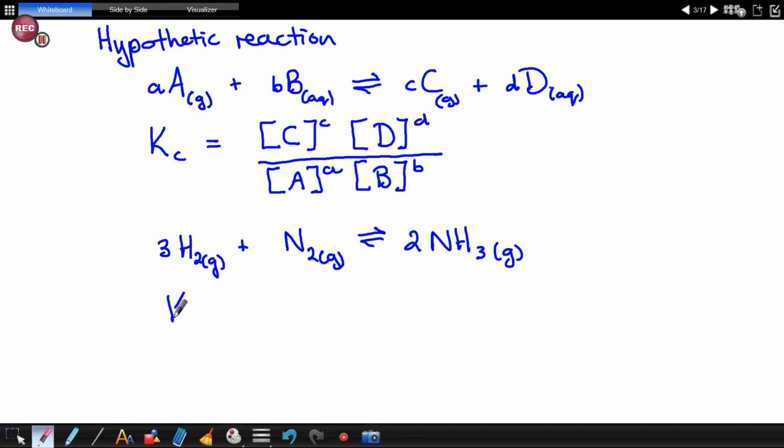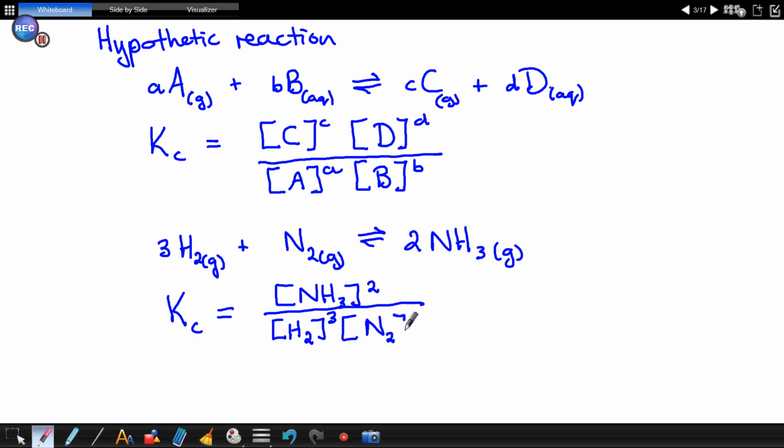Then the Kc value is, what is the product on the right hand side? NH3, so it is the concentration of NH3 to the power 2, divided by the concentration of hydrogen to the power 3 times the concentration of nitrogen.